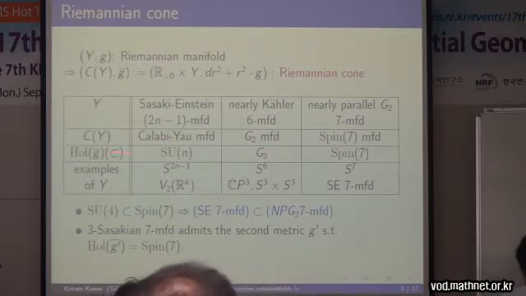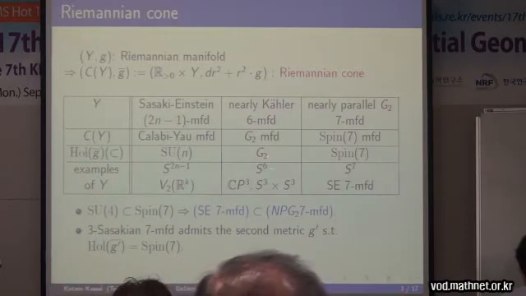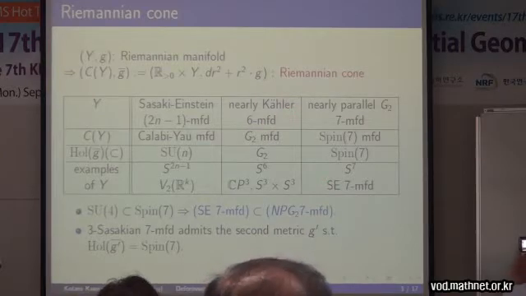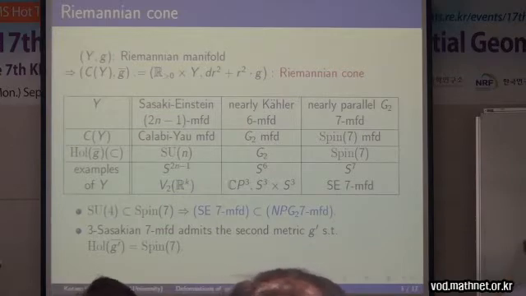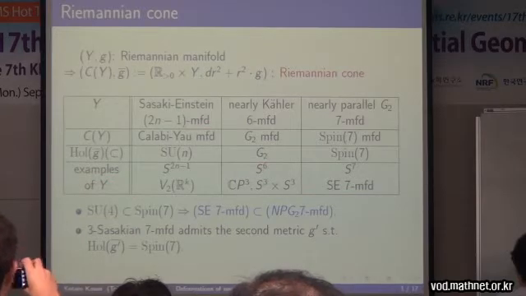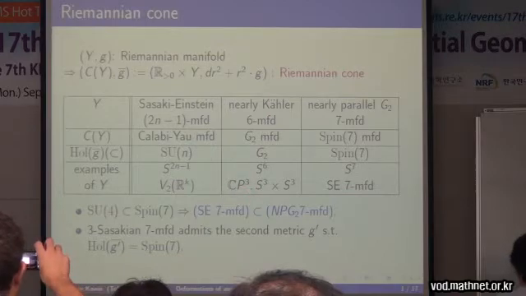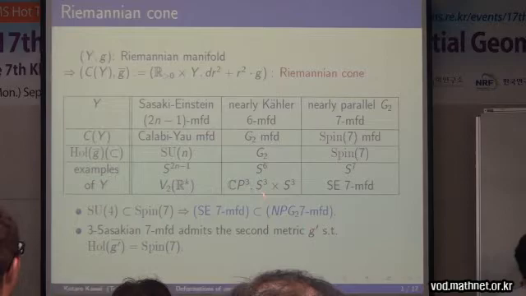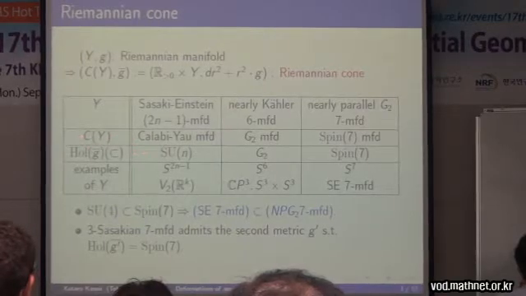Here, a G2 manifold is a Riemannian manifold whose holonomy group is contained in G2. Then the corresponding manifold Y is called a nearly Kähler 6-manifold. But we note that a nearly Kähler manifold is not a Kähler manifold in the usual sense. The name is very confusing. As examples of Y, we have S6, the six-dimensional sphere, CP3, and S3 times S3. Next we suppose that the cone is a Spin(7) manifold. A Spin(7) manifold is a Riemannian manifold whose holonomy group is contained in Spin(7).